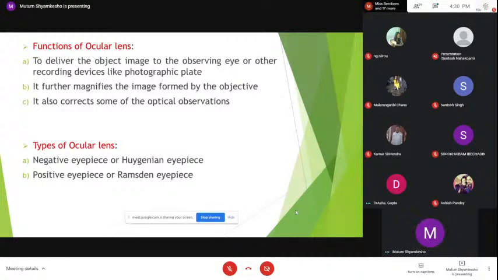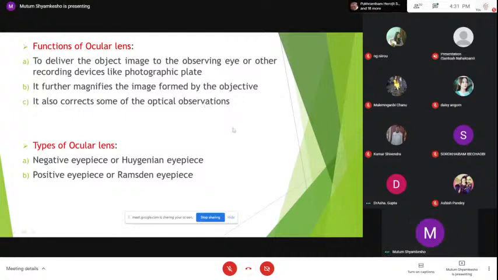And then these ocular lenses also correct some of the optical aberrations.